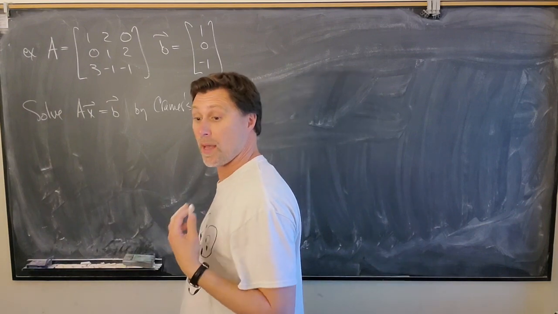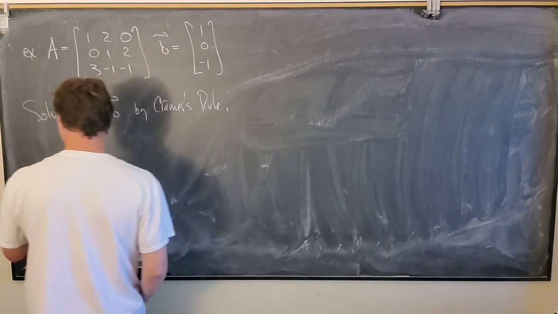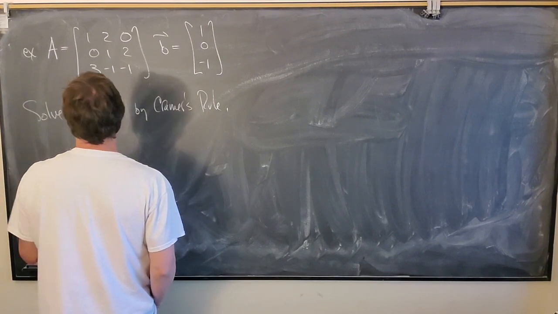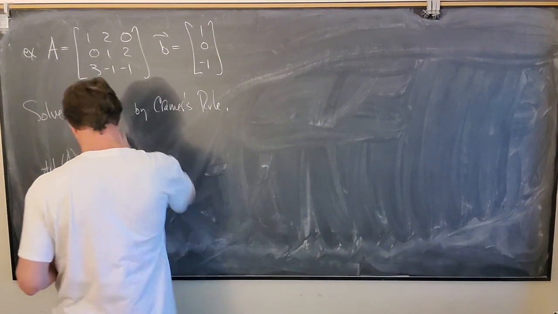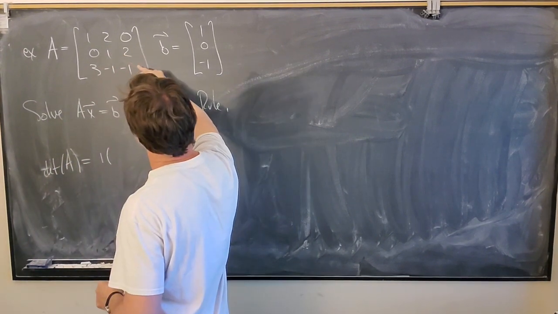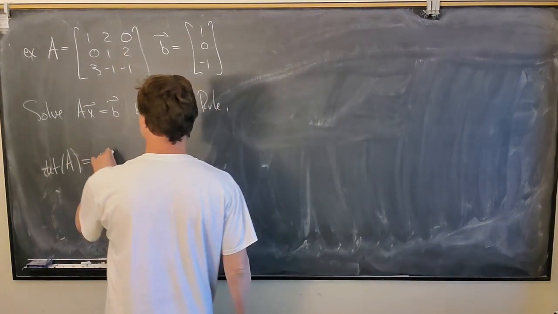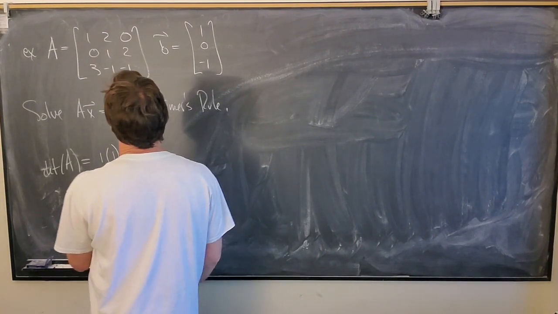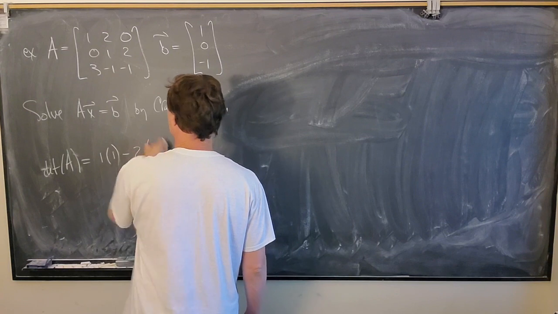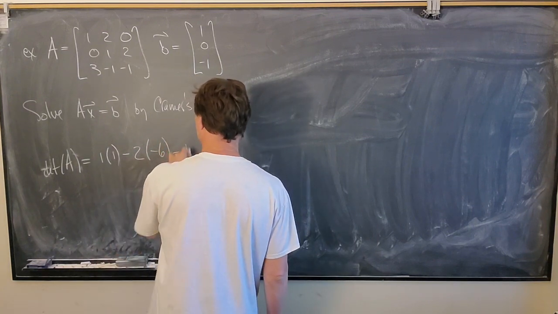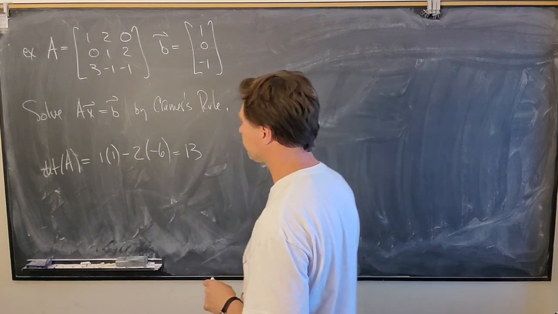So step 1, take the determinant of A. So the determinant of A is going to be 1 times minus 1 plus 2, so that's a positive 1, minus 2 times negative 6 plus 0, so that's going to be a positive 13.